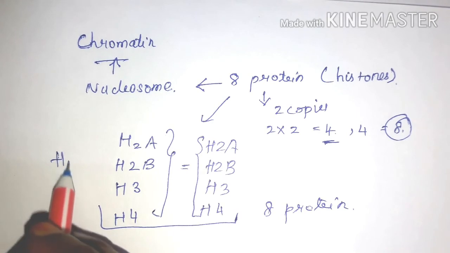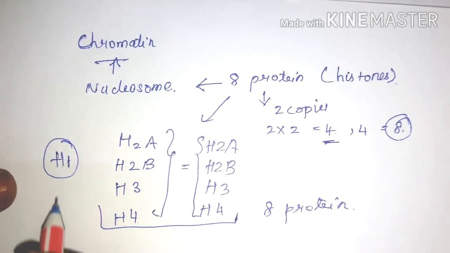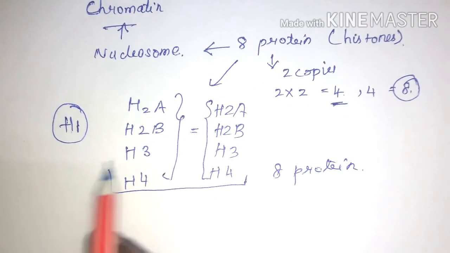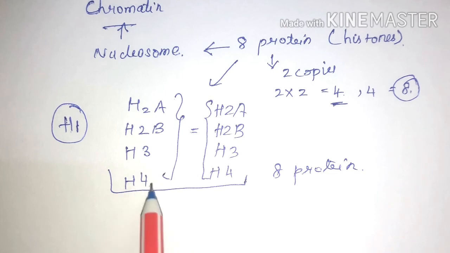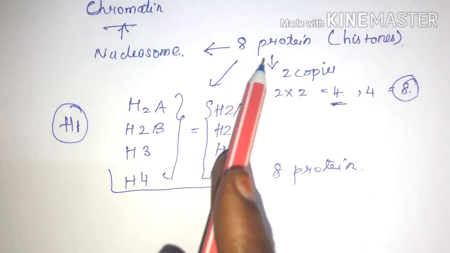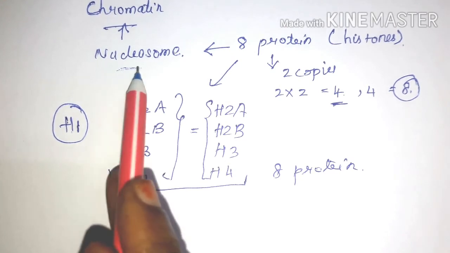See here, H1 is missing. It is explained in the next explanation. H2A, H2B, H3 and H4 are a combination of proteins provided in the nucleosome.